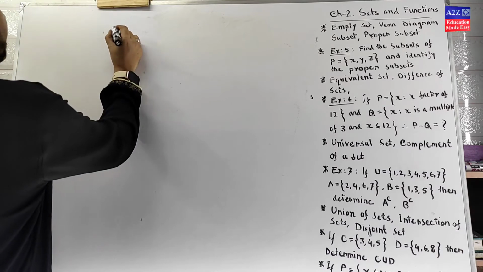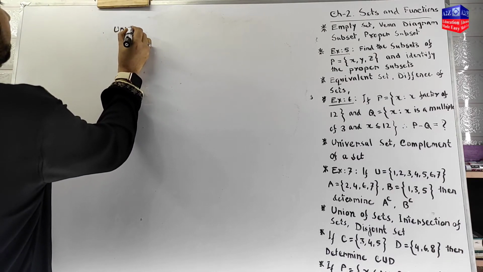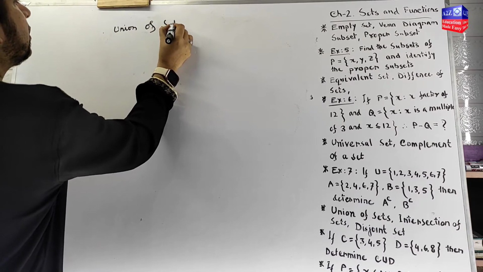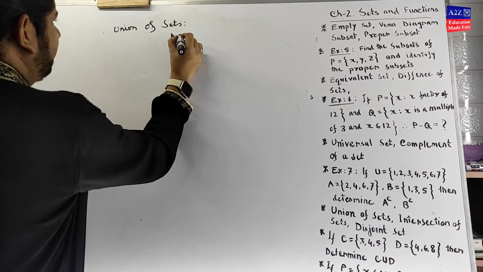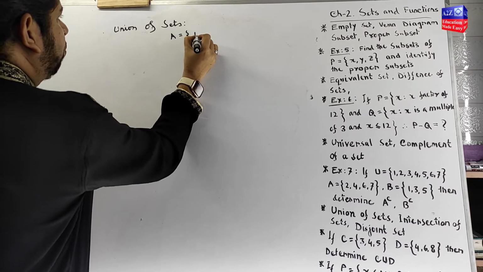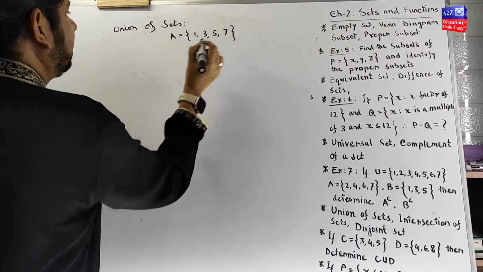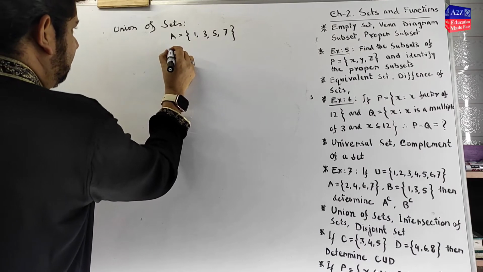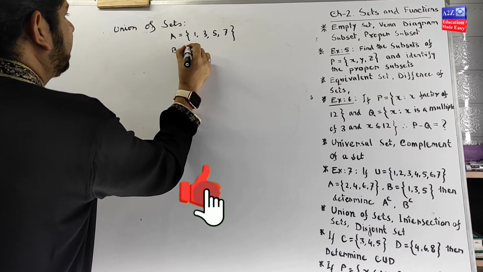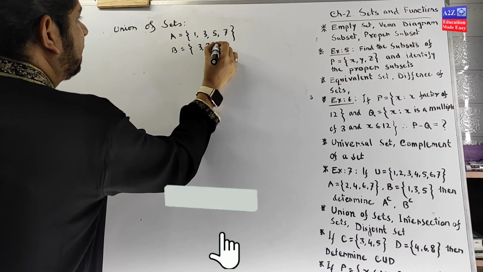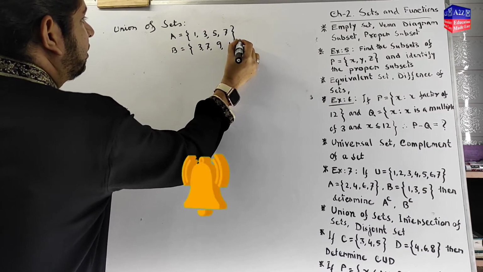So the union of sets. Set A contains the elements 1, 3, 5, 7. And the set B contains the elements 3, 7, 9, 10.